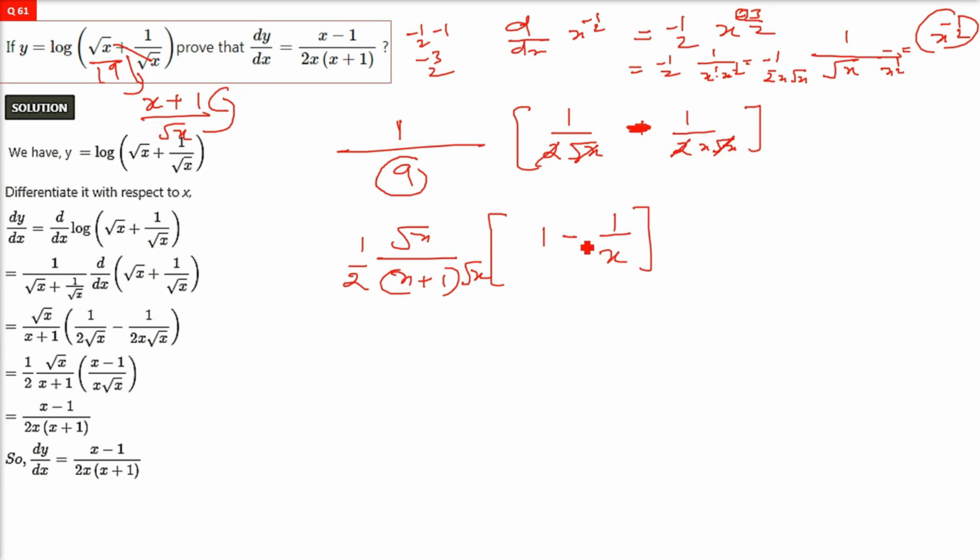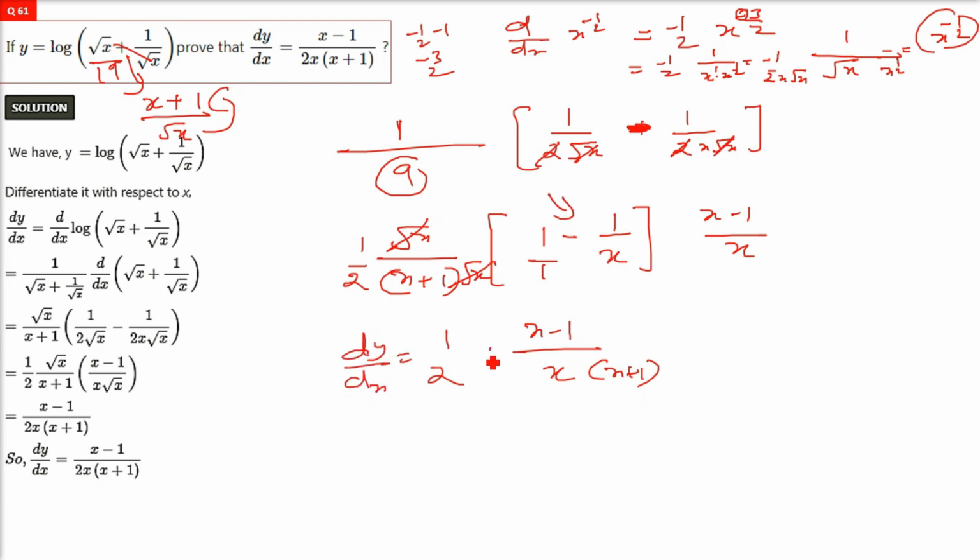Under root x we have already taken, so this is going to be x minus 1 by x when you take the LCM. Okay, what is the final? Half, x minus 1 by x, root x gets cancelled, x plus 1 in the denominator. This is what you have to prove also. This is the final one, okay?